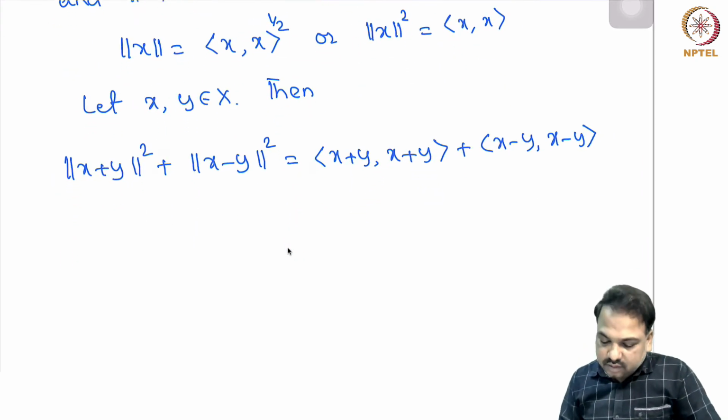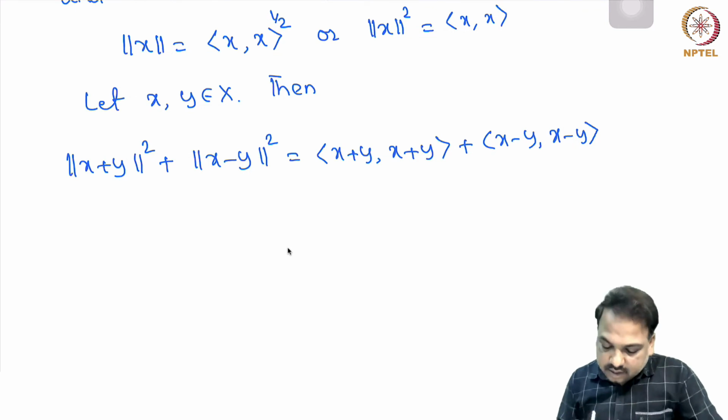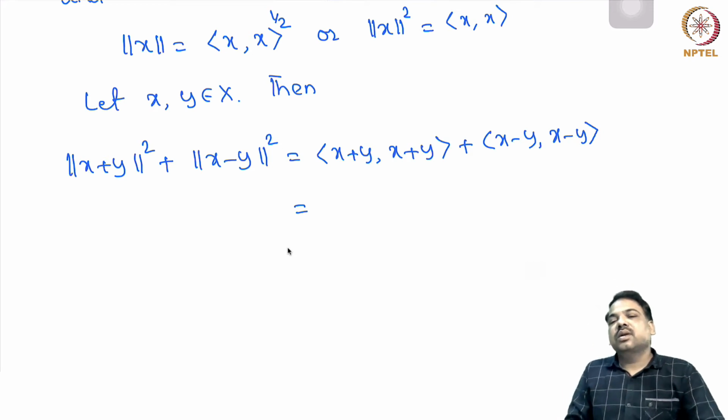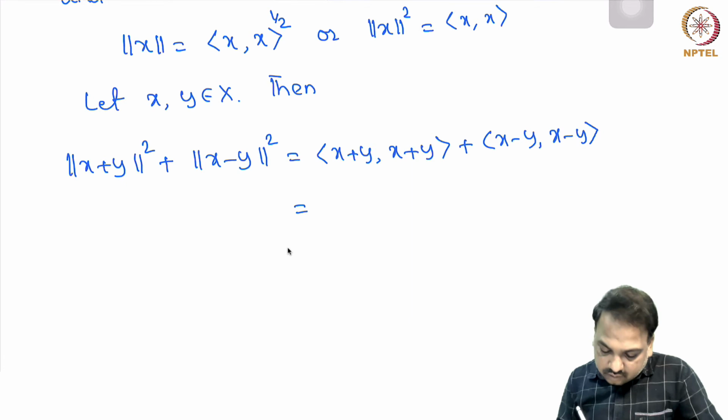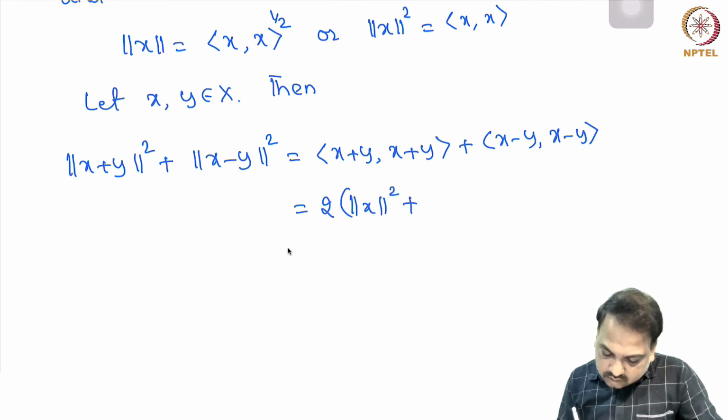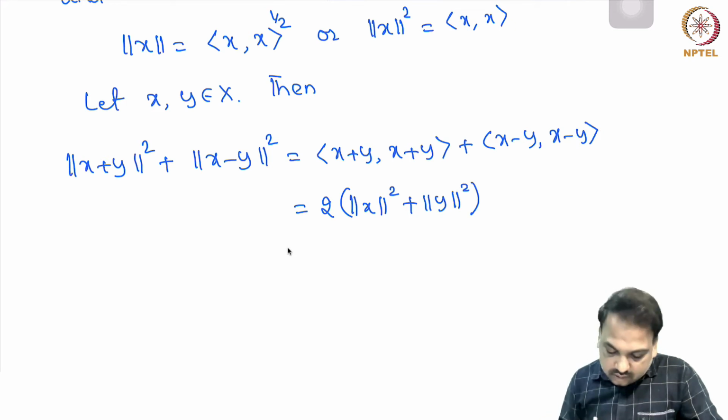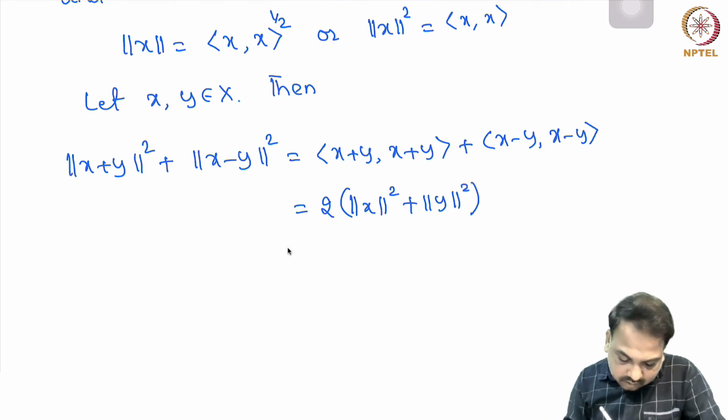If we simplify this one, the mixed terms get cancelled and in the first term you will get norm X square plus norm Y square. Second term also we remain with norm X square plus norm Y square. On the whole you will get 2 times norm X square plus norm Y square. So this law is known as the parallelogram law.